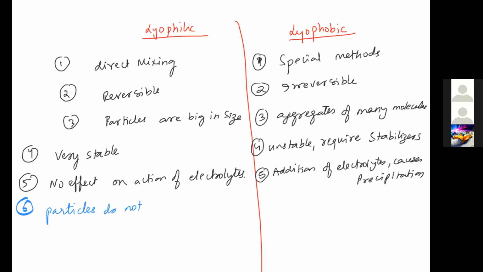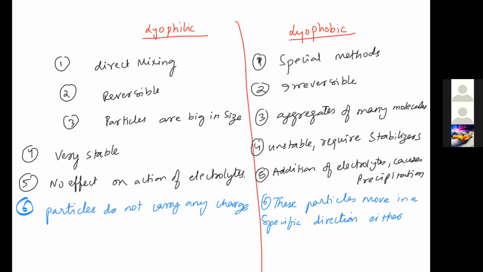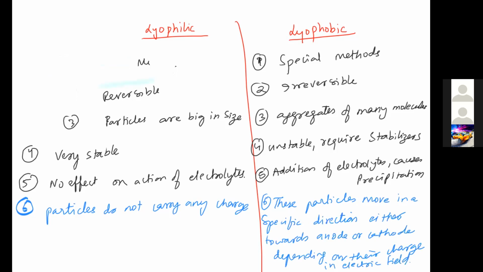These particles do not carry any charge, whereas these particles move in a specific direction, either towards the anode or cathode, depending on their charge in an electric field. I'm clearing the first 3 points.